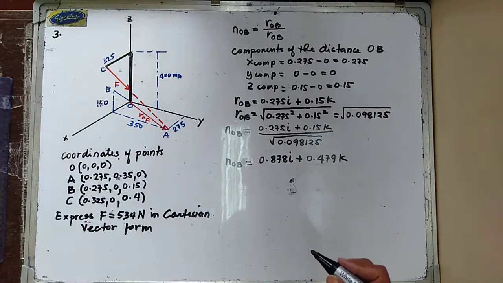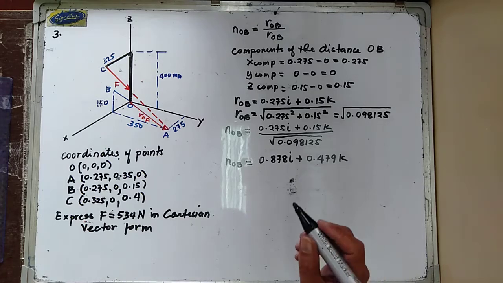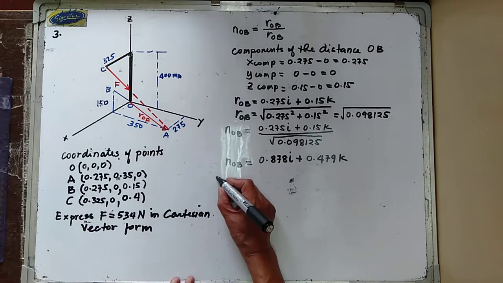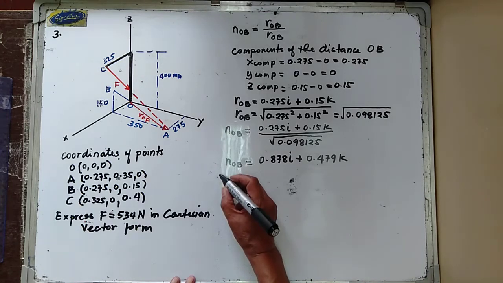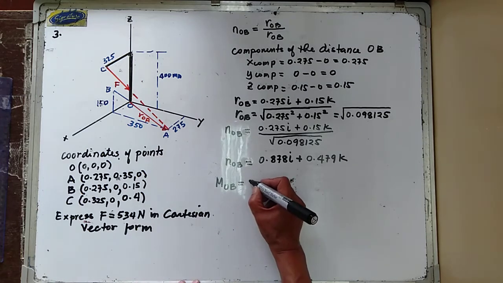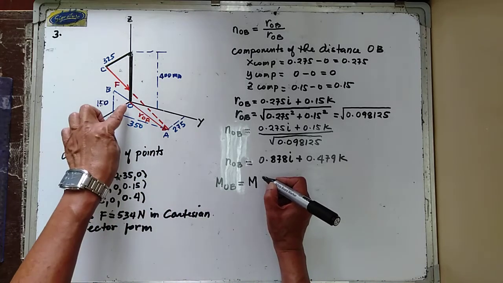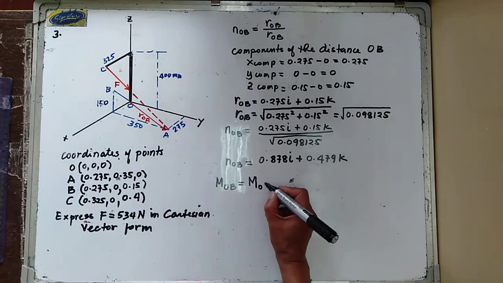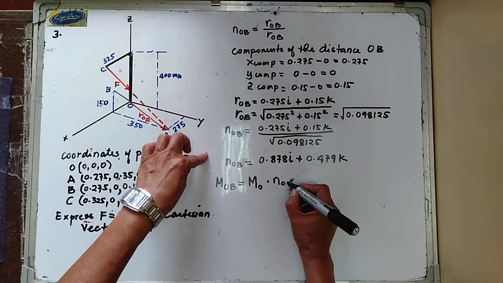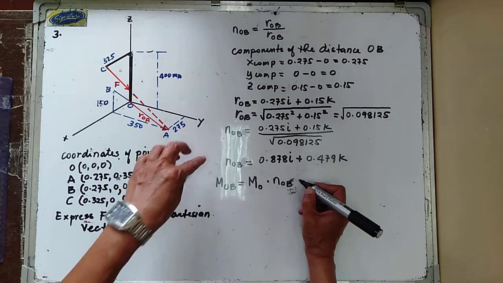Let us now determine the moment of this vector about line OB. That is equal to the moment of that vector about point O dotted with a unit vector in the direction of the moment.